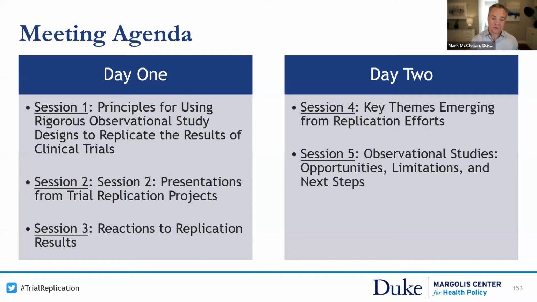Session 5, our last session, will look at next steps for understanding the potential role of observational studies in contributing to evidence of drug product safety and effectiveness. The panelists in this session will also seek to identify some of the remaining gaps in knowledge and strategies and practical next steps for addressing those gaps.